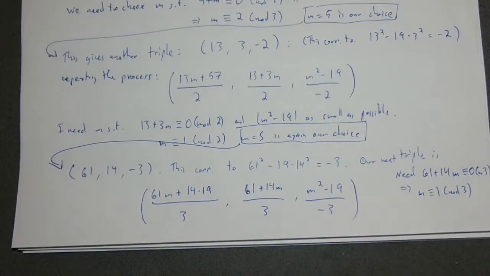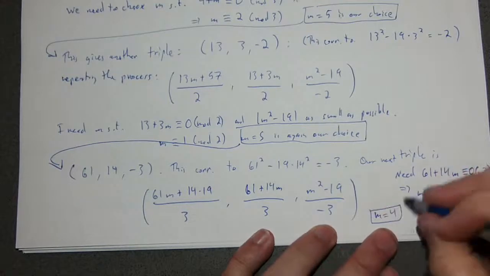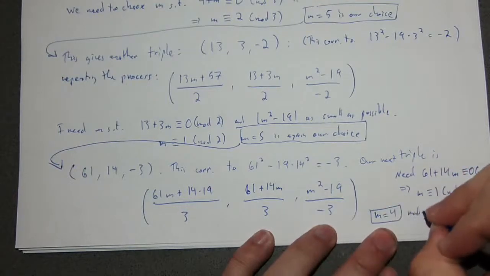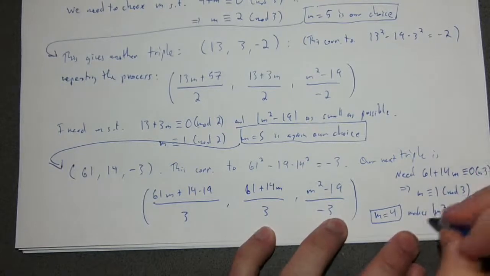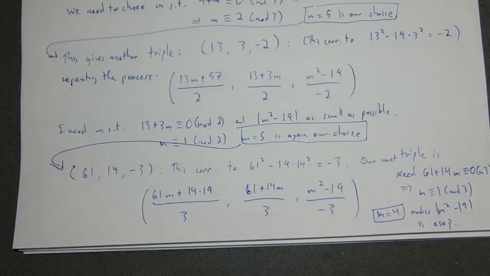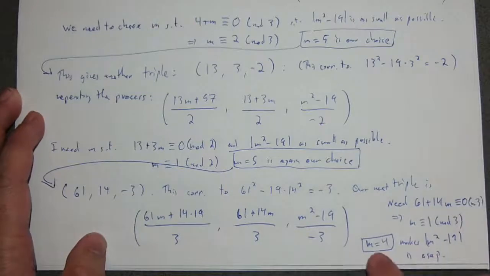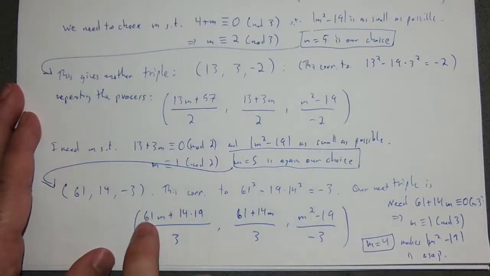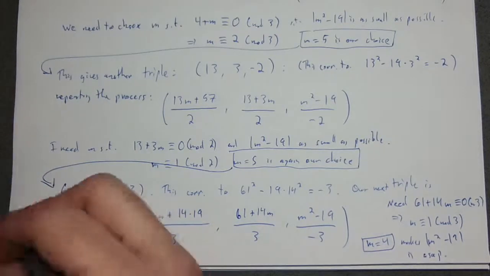Okay. And m equals 4 is the one that gets this done, such that m squared minus 19 is as small as possible. Okay. So if I let m be 4 here, I have 61 times 4 plus 14 times 19 over 3.